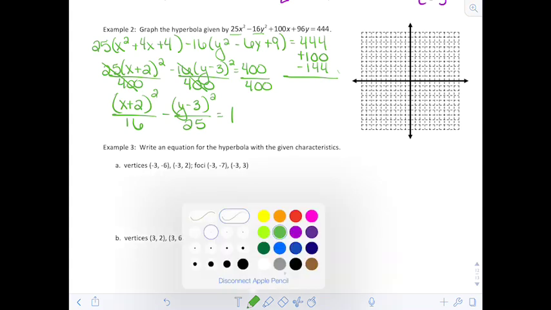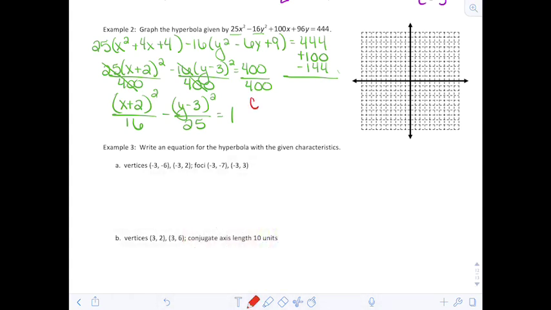So now that I have this in standard form, when I graph this, my center is going to be at -2, 3, I believe. So let me just make sure that I did this. Yeah, okay. So I have -2, 3.